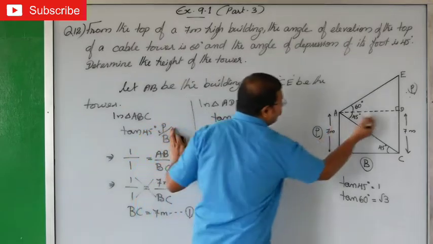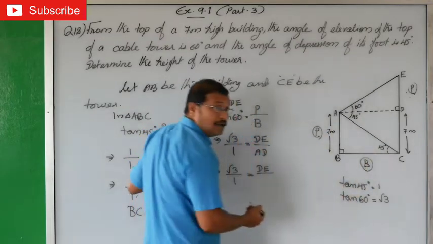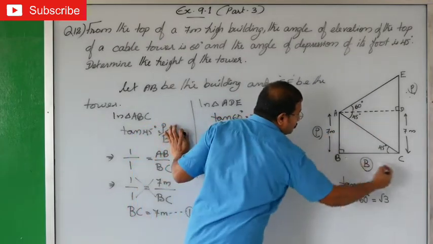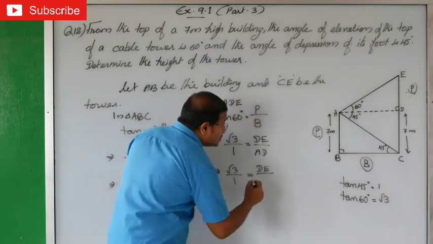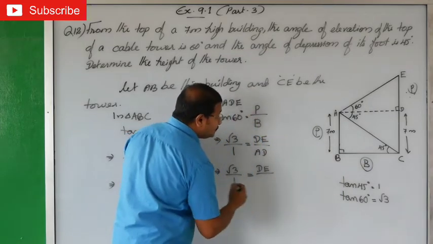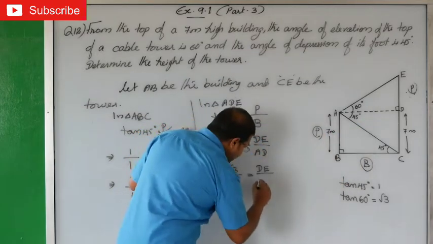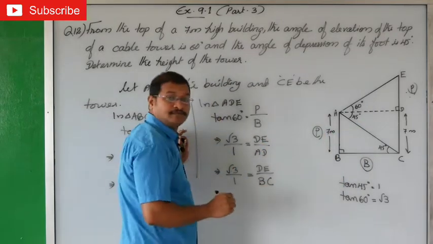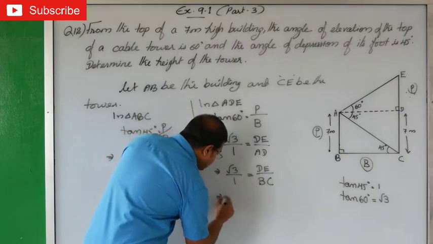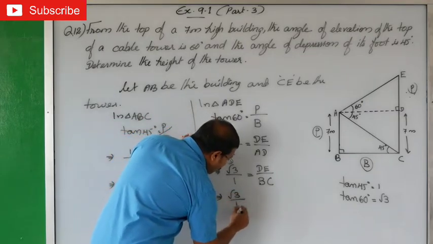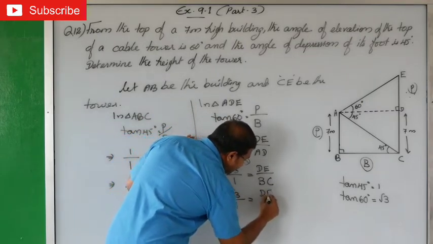In place of AD, what you can write? BC, because these are the opposite sides of a rectangle, isn't it? That means in place of AD, we will write now BC. This implies root 3 by 1 equals DE by BC.